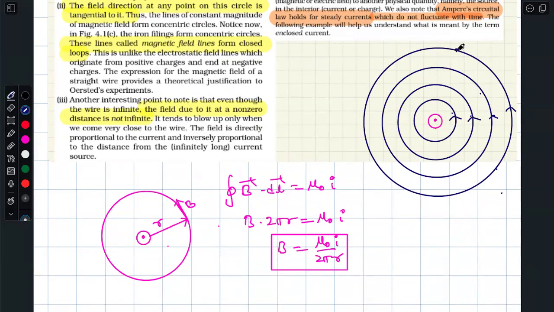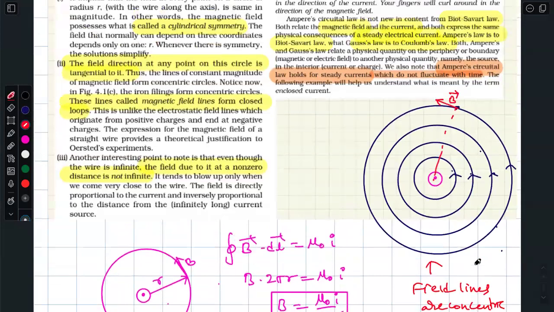Simple. Draw a tangent here. That gives you the direction of B bar. The field lines are concentric circles. The field direction at any point on the circle, you can see this.